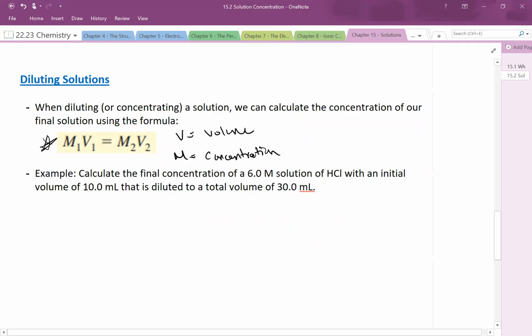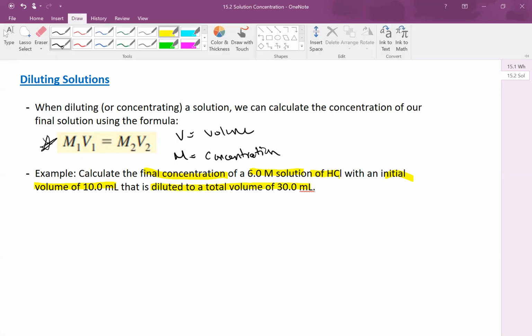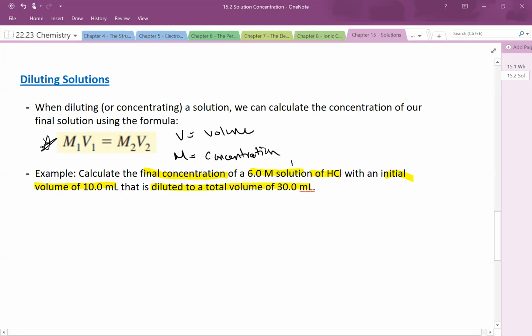So let's look at an example. Let's say that we would like to calculate the final concentration of a 6 molar solution of HCl that has an initial volume of 10.0 milliliters and is diluted to a total volume of 30.0 milliliters. In order to solve this, I need to recognize that this is my M1, this is my V1, and this is my V2, and I'm being asked to calculate M2.